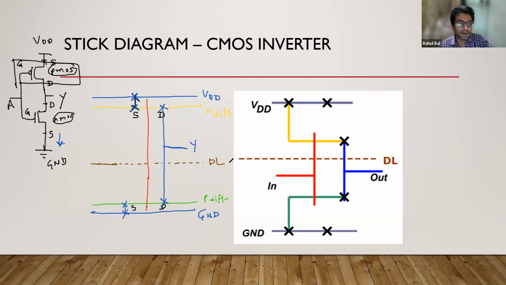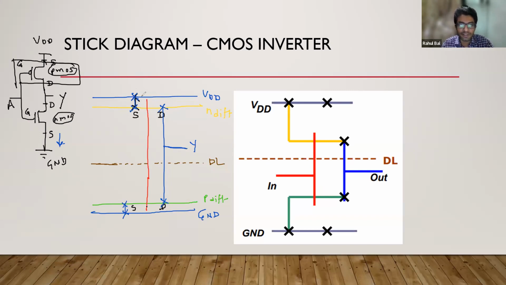Okay, so this is our stick diagram, and where will be this A? So this whole line is representing A only. So no need to mention. When we simulate, we will put the inputs on this red color line only.